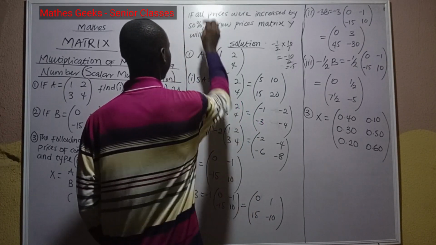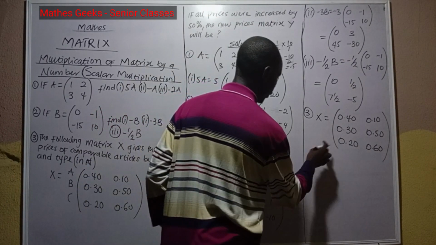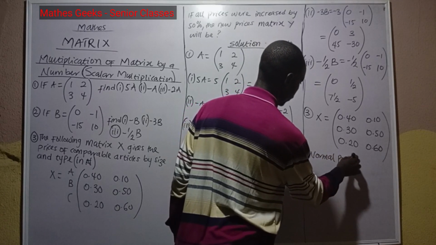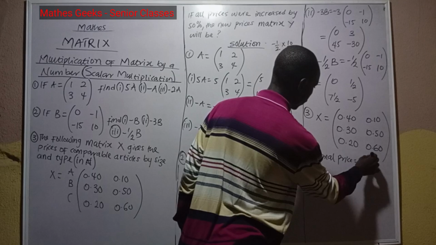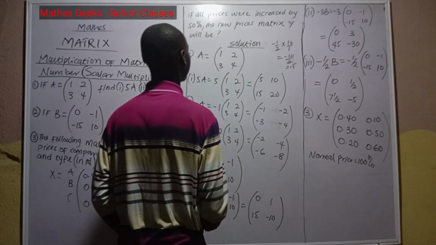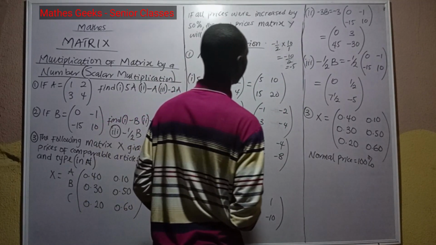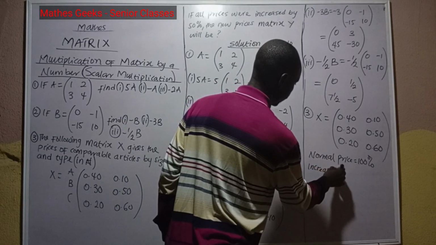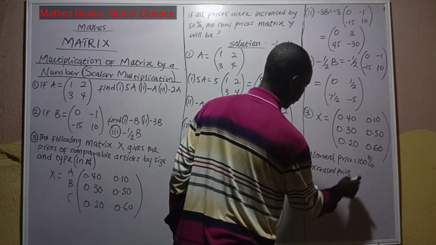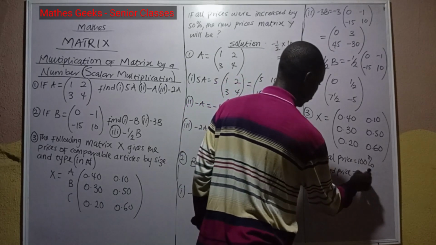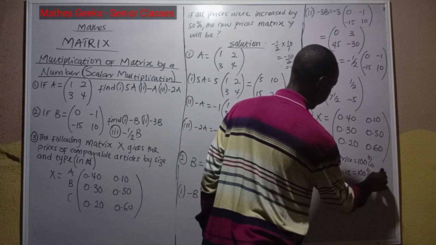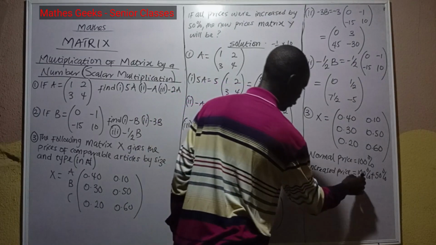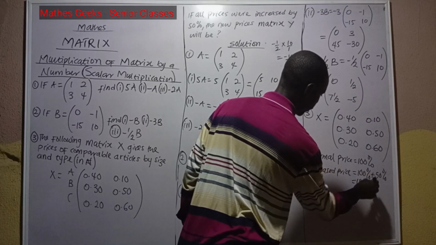So the question says if all prices will increase by 50%. The normal price is equal to 100% before increment. So the increased price is equal to 100% plus 50%, which is equal to 150%.